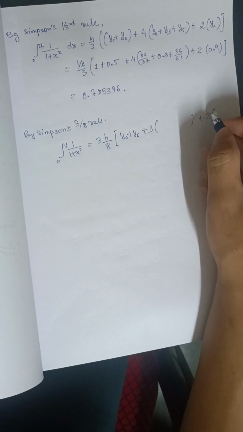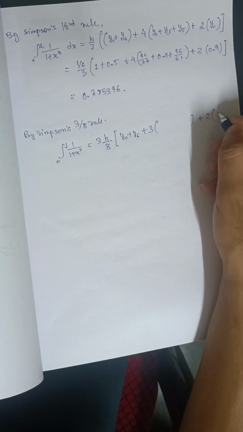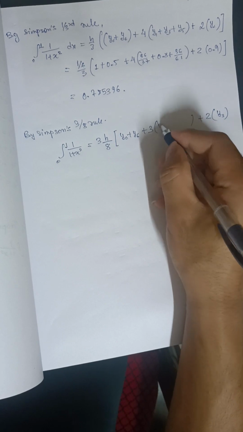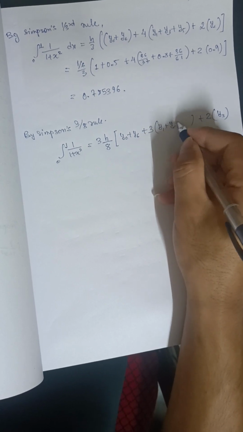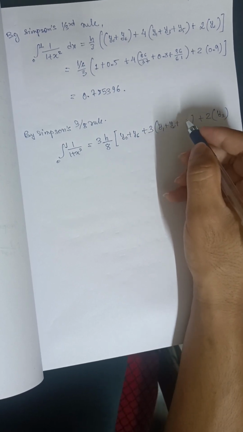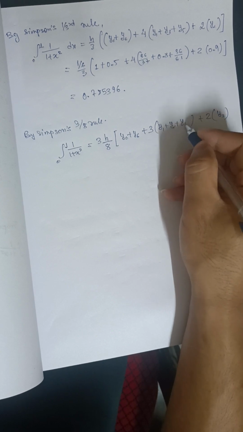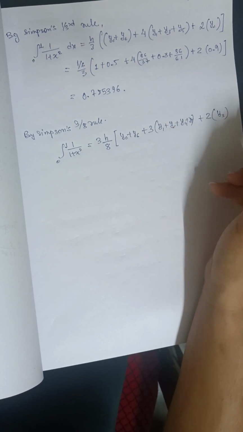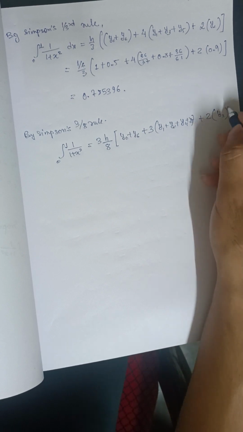The multiple of 3 we have here is y3 only. And the remaining terms will come here, that is y1 plus y2 plus y4 and then y5. So that's all we got.